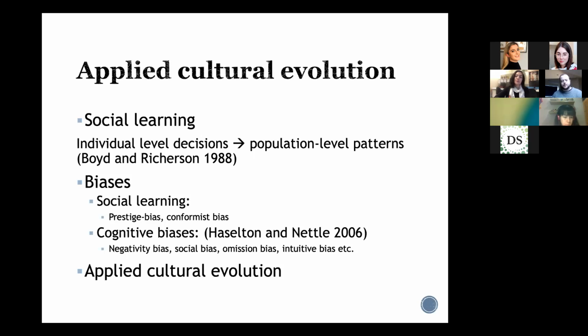And likewise, we generally find it easier to understand information if it's in line with our intuitions. So in this talk, I will argue that we can apply these predictions and methodologies from cultural evolution theory to understand how health-related behavioral patterns emerge in populations.